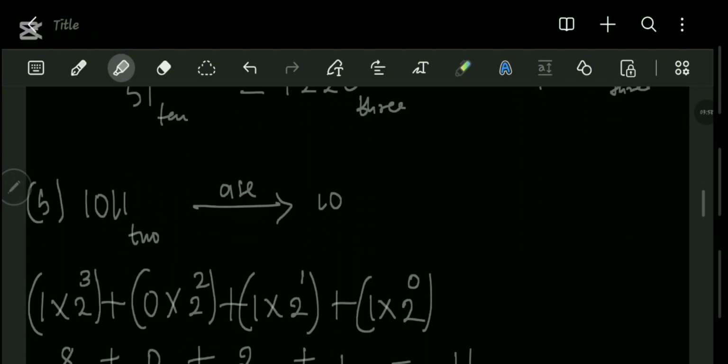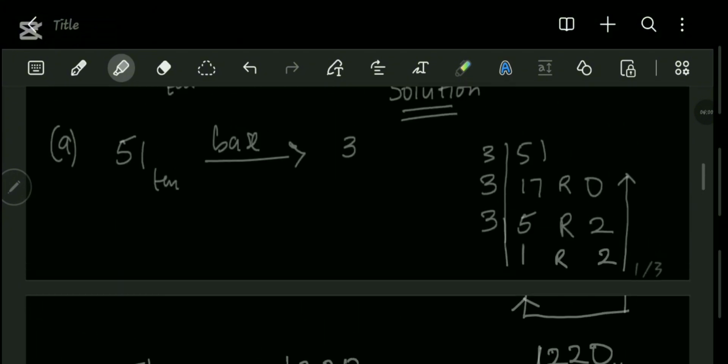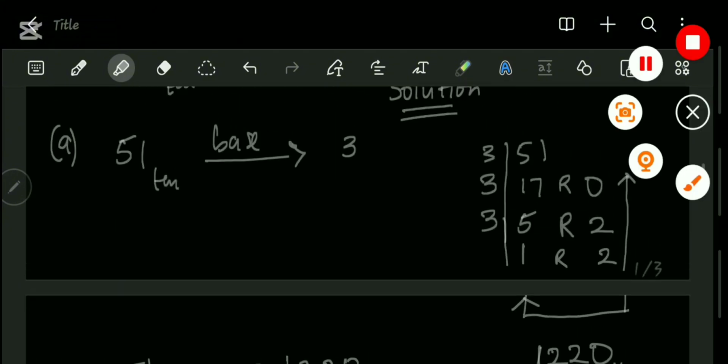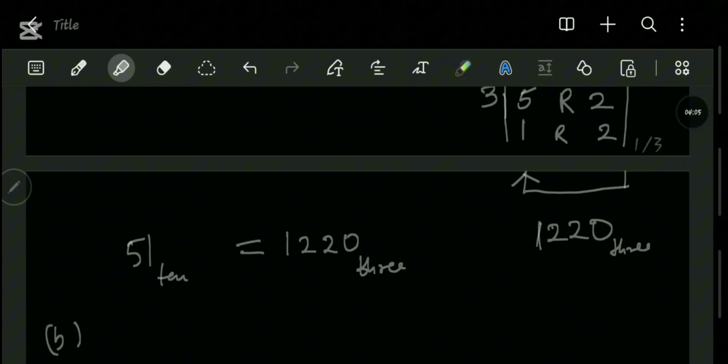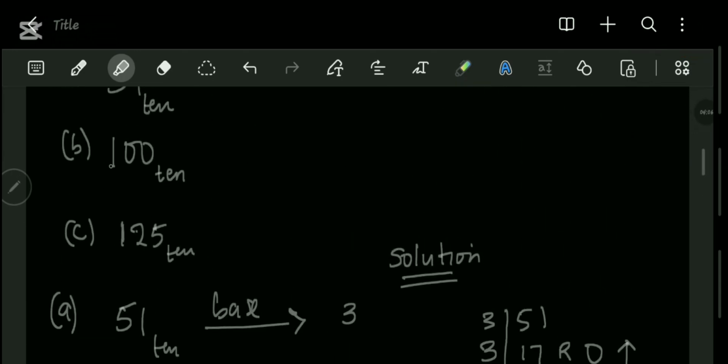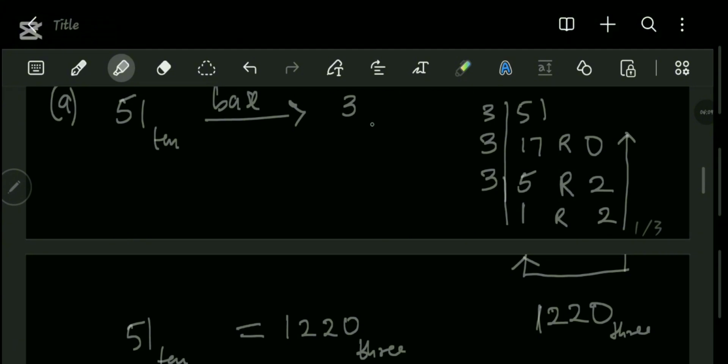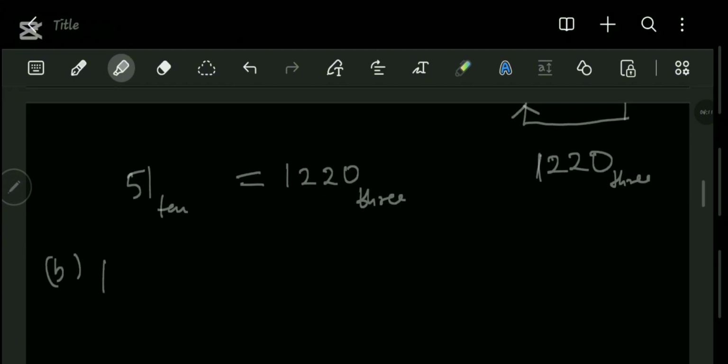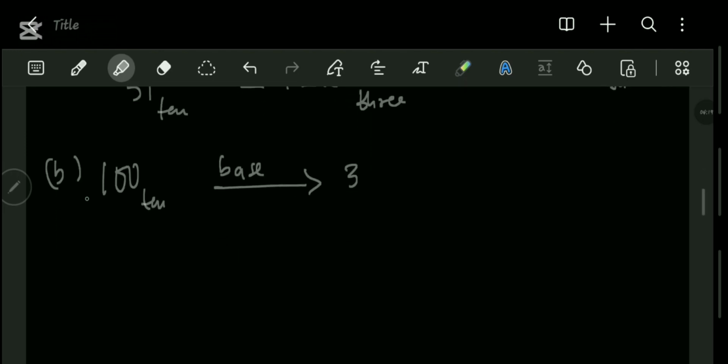So B. For B, I'm having 100 in base 10. I'm asked to convert this from base 10 to a number in base 3. Since this is already in base 10, I'm just going to divide it by 3, and definitely there are going to be remainders.